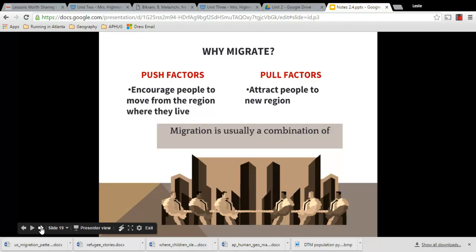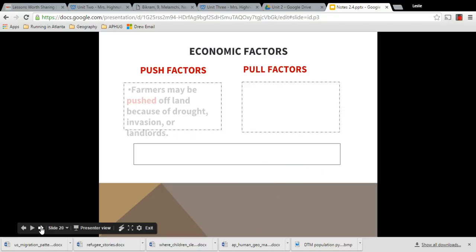Migration and reasons for migration are usually a combination of push and pull factors. There's a reason that you're leaving your home, but there's a reason that you're moving to the specific place that you're moving. So, examples, economic factors: farmers may be pushed off of land because of drought, because of invasion during times of conflict, or because of landlords.